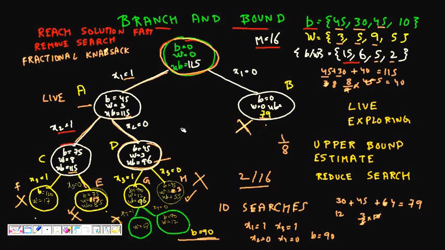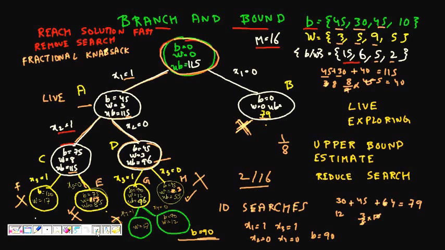Okay, because it said that we don't need to search in this tree, in this tree and so on, and it helped you to reduce the search and gave you the bound. So what was the central idea? If you have to maximize something, find the upper bound of all possibilities, and if you have a solution and at this place the upper bound itself is less than your solution, then you don't need to search.